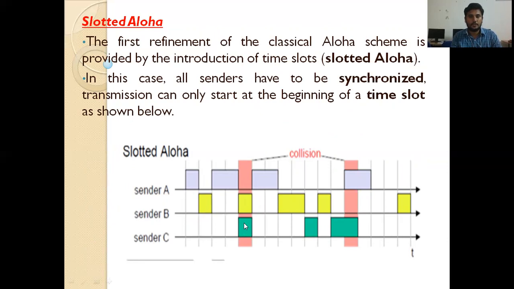For example, at the time of 2, sender A sends a packet, sender B sends another packet, sender C sends another packet. As we discussed in the earlier lecture, the total bandwidth is utilized by one particular user in that time period.